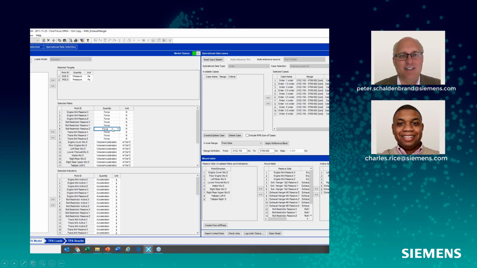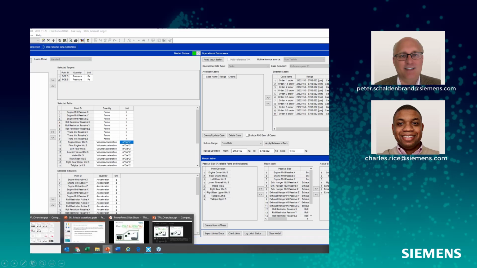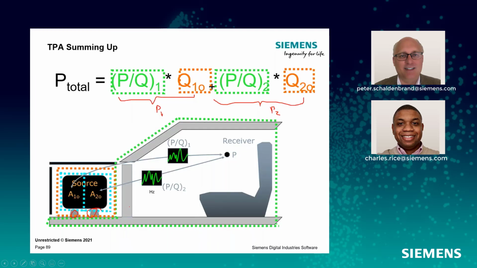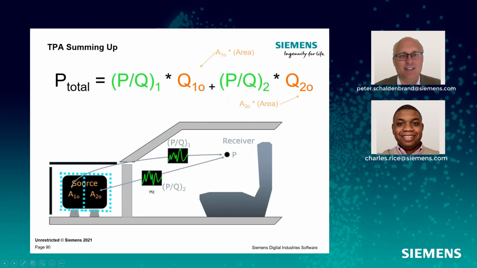Notice in the same model, I got forces, and then I have the volume accelerations, meter cubed per second squared. So they're together in the same model, and I can see the airborne versus the structure-borne without a problem. Again, the Q is actually, in this case, the acceleration times area for each one of those.